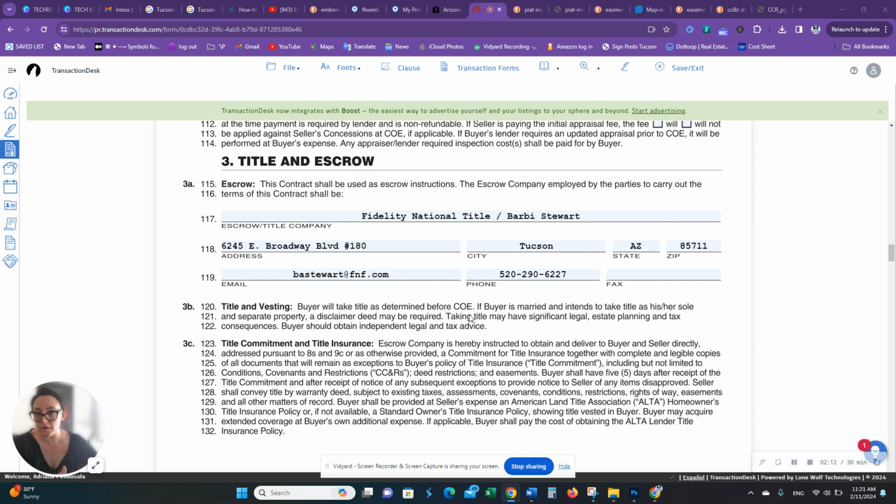Sometimes they're just asking for it because the listing agent wants to do business with that specific escrow officer. Otherwise, I'm going to use my preferred escrow officer, whom I have great communication with. Again, as a buyer, you have every single right to use the escrow officer that you wish to use. If your cousin is an escrow officer and you want to use that, feel free to do that.